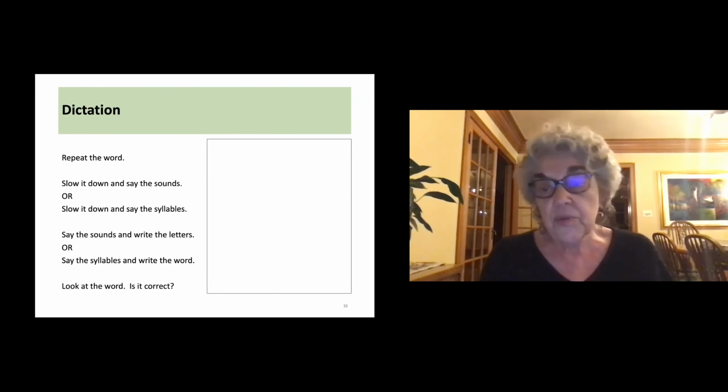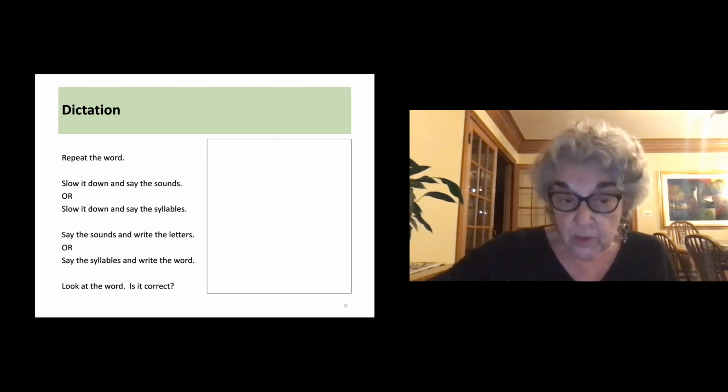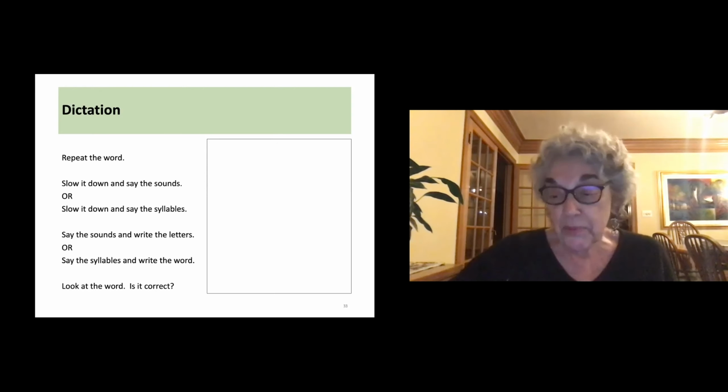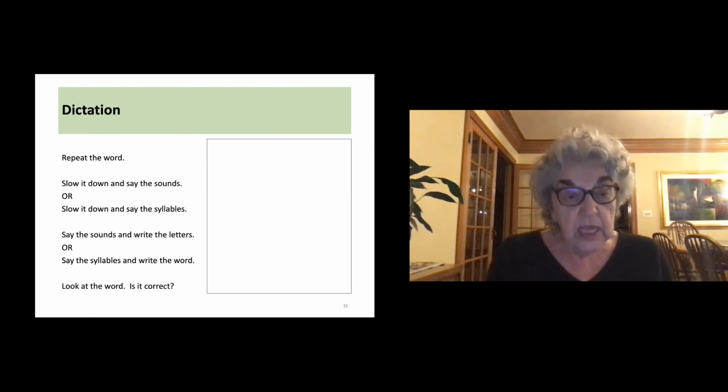And so the students are going to, I'm going to tell them a word. That's why we had to write it down. You can't show them the word, and they wouldn't have to think about it. So I'm going to say the word and they're going to repeat it. Then, if it's a single syllable word, we slow it down and tap out the sounds.